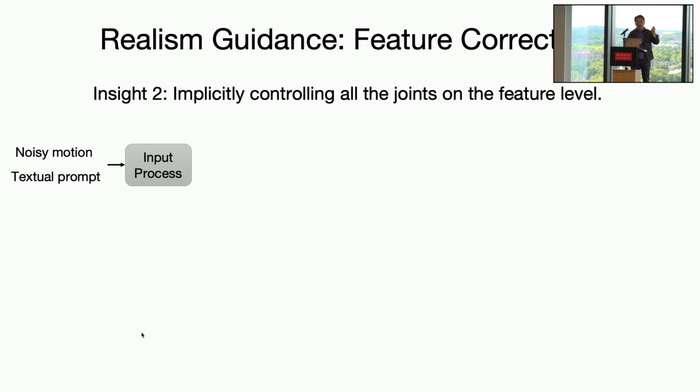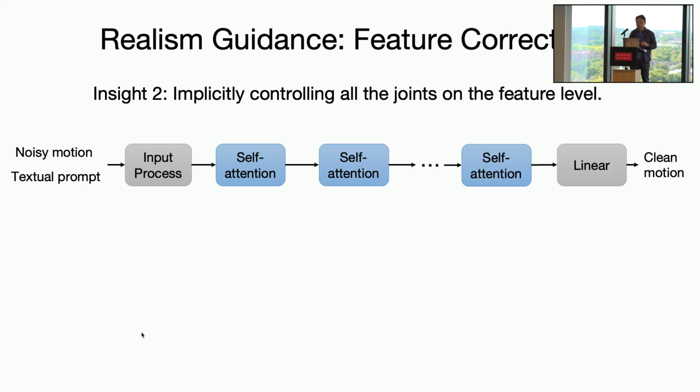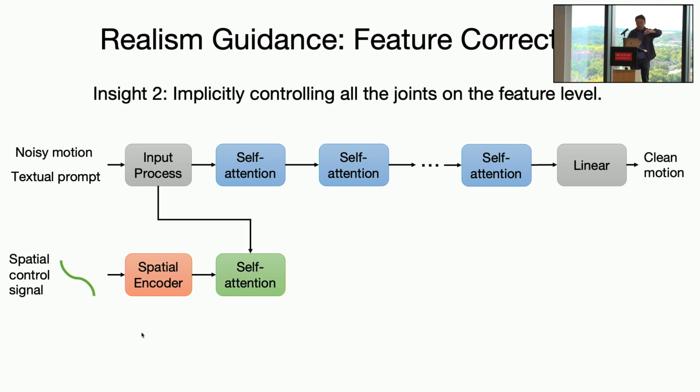It takes some textual prompt and has some transformer layers or self-attention, and at the end we have some clean motion, the positions of those joints in 3D. So what we can do is have another module that takes the spatial control signal, those trajectories, as input, and after each layer, we train a model to provide some residuals in the feature space.